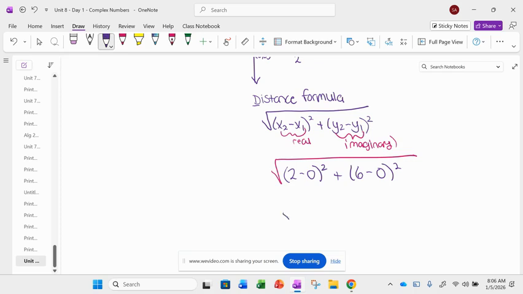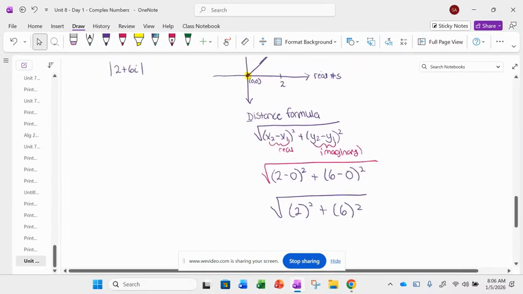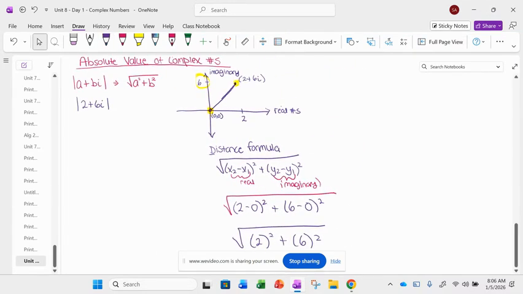All right, then when we simplify this, what we end up with is 2 squared plus 6 squared. Well, let's go back to the formula I said we're going to use. If we're finding the absolute value of any complex number a plus bi, we're going to take the square root of a squared plus b squared.